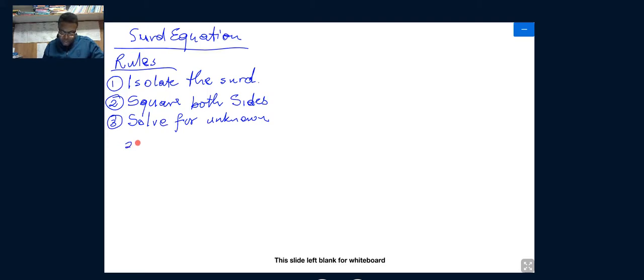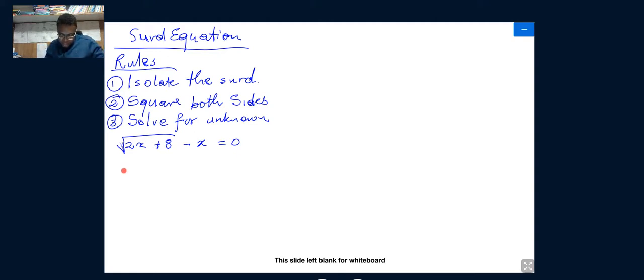We have 2x plus 8 minus x equal to 0. Let me make this clear. Rule number 1, isolate it. What does it mean?